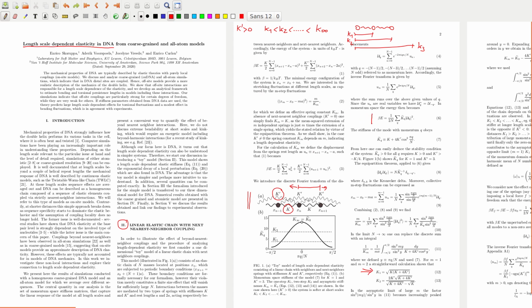A convenient way to solve this problem is to use Fourier transforms because the Fourier modes are uncoupled. The Q mode has a stiffness K tilde Q, shown in figure B1. The asymptotic stiffness of the chain, which we call K infinity, is equal to the momentum space stiffness K tilde at Q equal to 0.